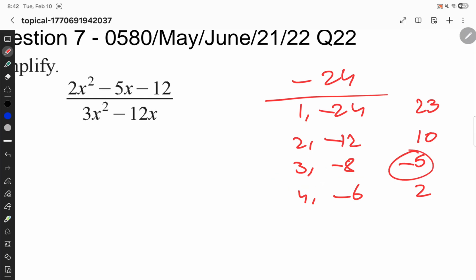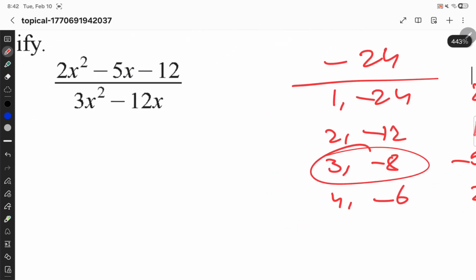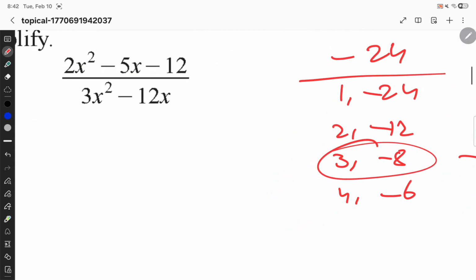Okay, so this is how you can factorize easily. There's no magic about which row is minus, which row is plus. It's just about how you do it. The rows being minus or plus, I will tell you later after solving this. Now we have negative 5 here. We have 3 and 8. So the midterm breaks negative 5 into 3 and negative 8.